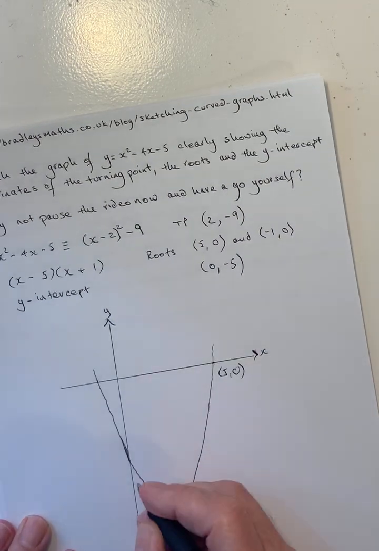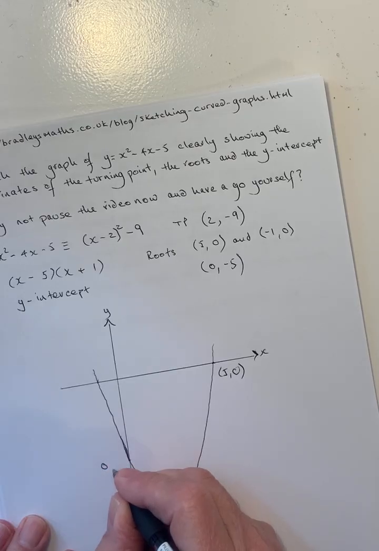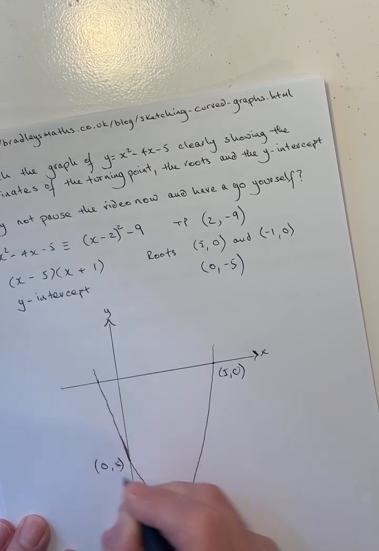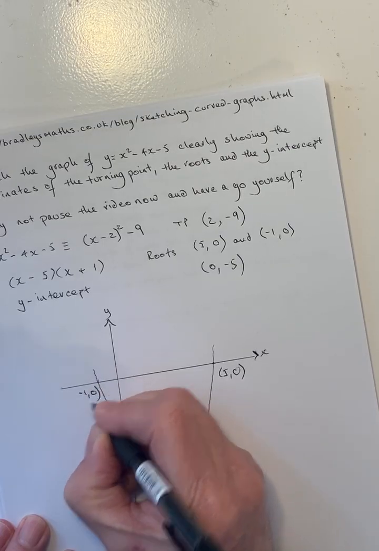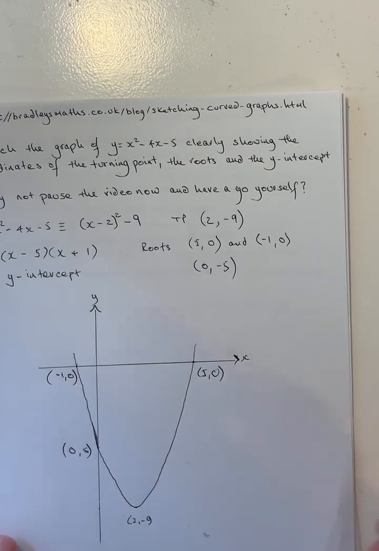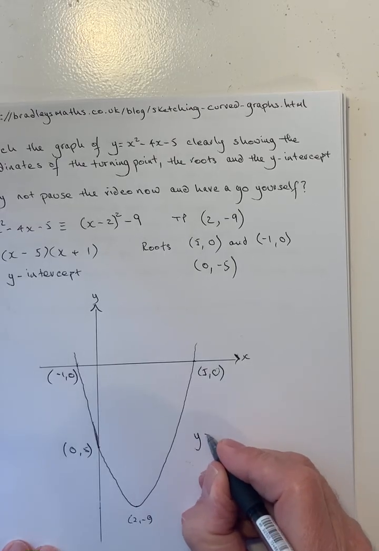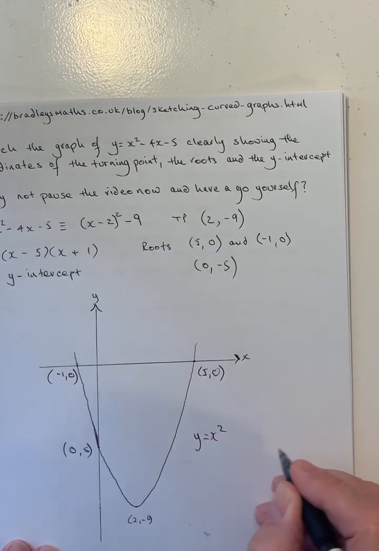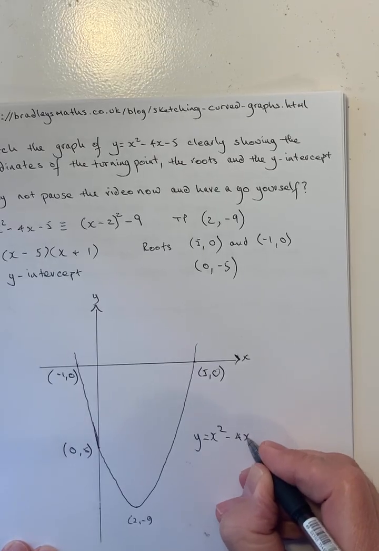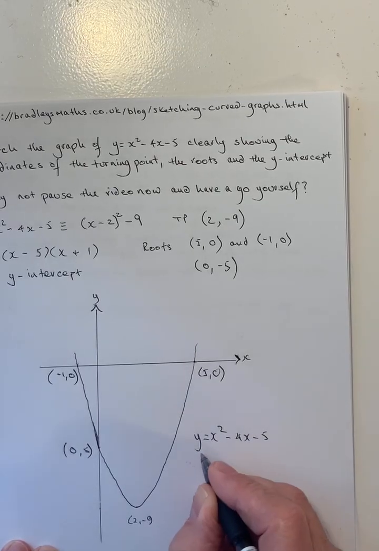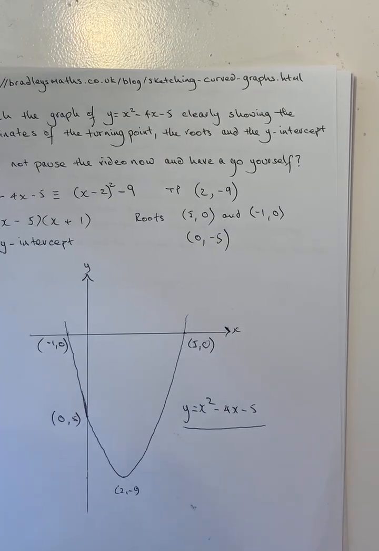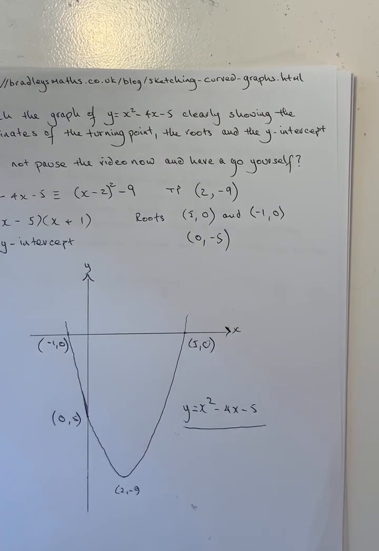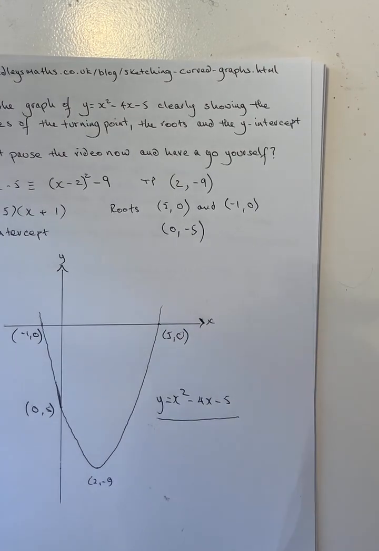Okay, this is 0 comma negative 5, and this point here is negative 1 comma 0, and that is our graph of y equals x squared minus 4x minus 5, and it's not perfect, it's a sketch. This would get me full marks on a GCSE or IGCSE examination.